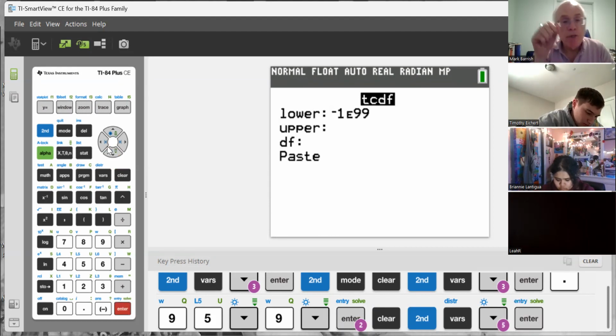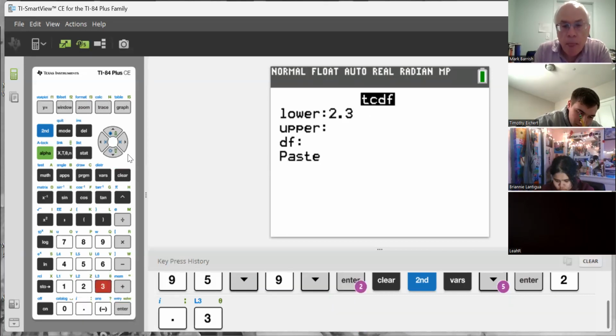Now, we do this exactly the same way as we did normal CDF, except we have degrees of freedom instead of a mean and standard deviation. So it's above 2.3, right tail. So that means the lower endpoint is going to be 2.3. And the upper, we're going to use some big number.